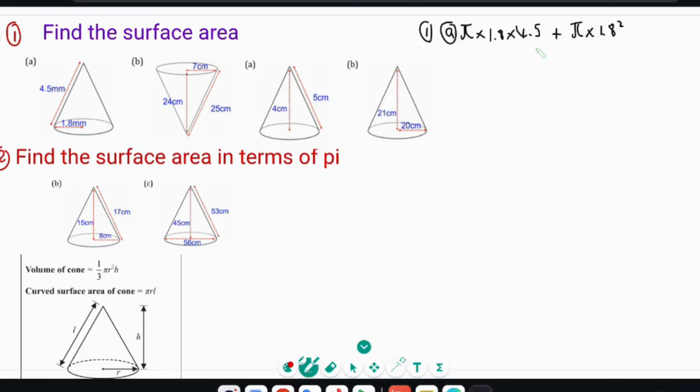So that's your curved surface area plus your area of your circle. I'm just going to type it all into my calculator in one go. That's just a more efficient way of doing it. And the answer is 35.6 millimetres squared.